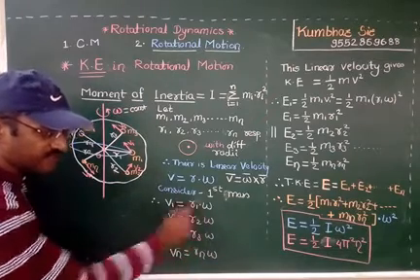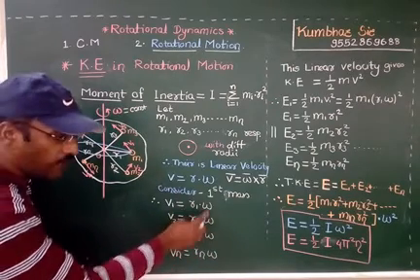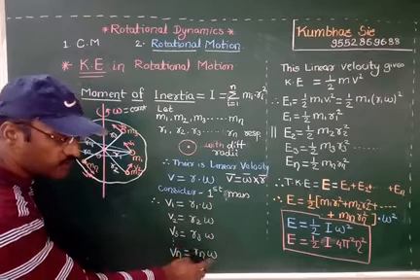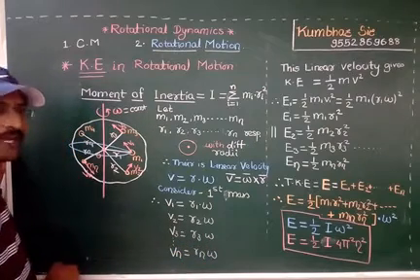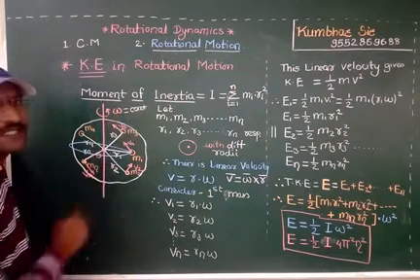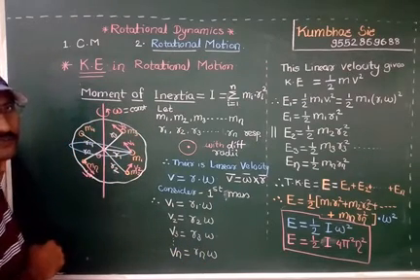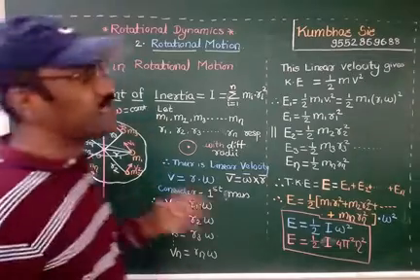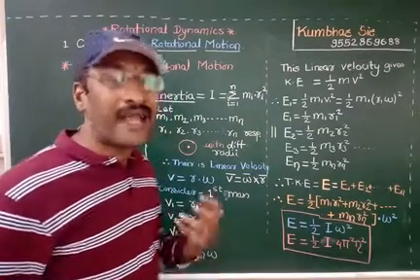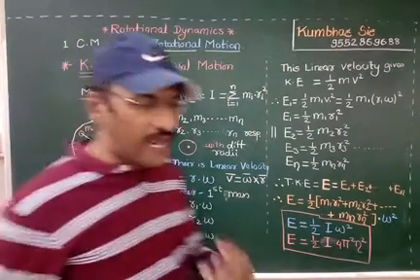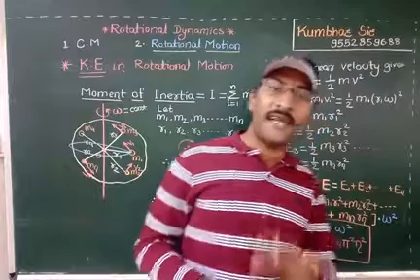All these equations say that omega is the angular velocity of the particles, and this omega always remains constant in the rotational motion.